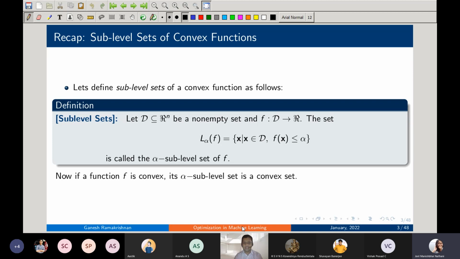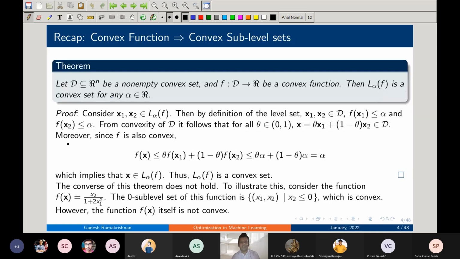That was our first exposure last week as we transitioned between sets and functions. Now the proof of that we dealt with in the last class. Here's the proof that L alpha f is a convex set for any alpha in f if f is convex.